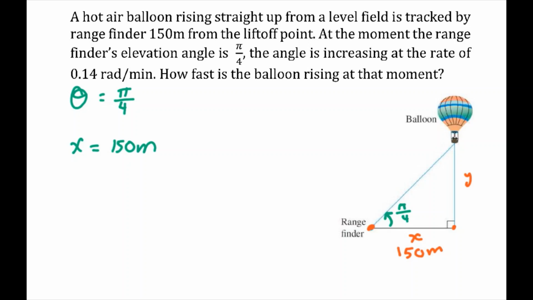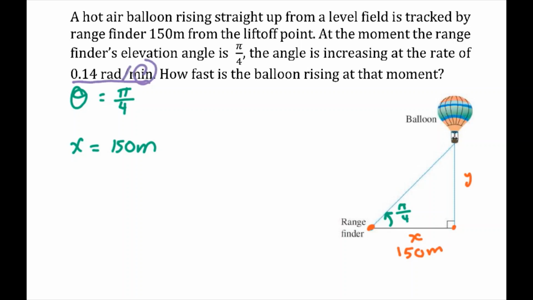The angle is increasing, so this angle is basically increasing. It's like we started like this, and while the balloon is rising, this angle is increasing, and the angle is increasing more and more, okay? So the angle is changing while the balloon height is changing. So the change in the angle is basically 0.14 radian per minute.